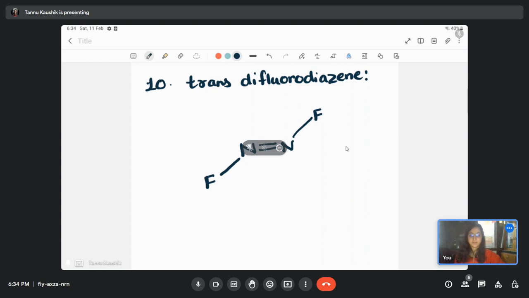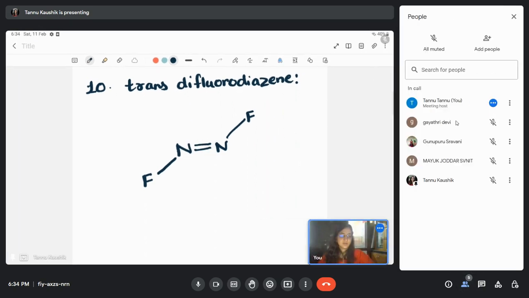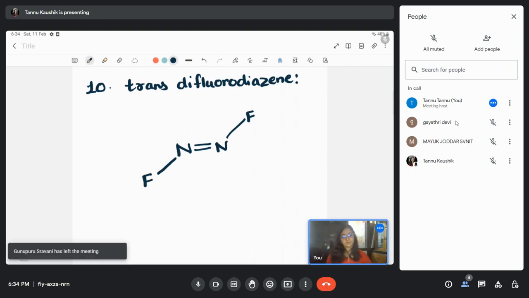So, would any one of you like to solve this question? Would you like to find out the symmetry operations in this molecule? Gayatri, Mayuk.